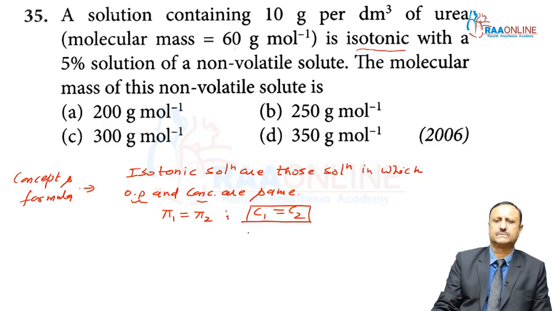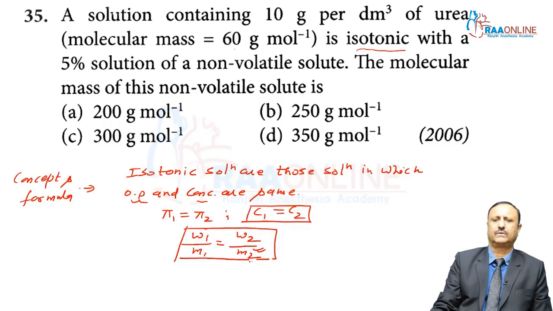Then my dear students, you can put the formula W1 upon M1 is equal to W2 upon M2, and you can find out the molecular weight of the second solute if you have the weight and molecular weight of the first solute. So here in this question, my dear students, you can apply this formula.